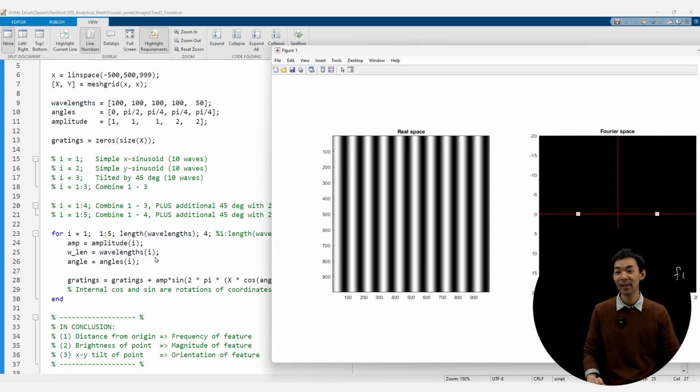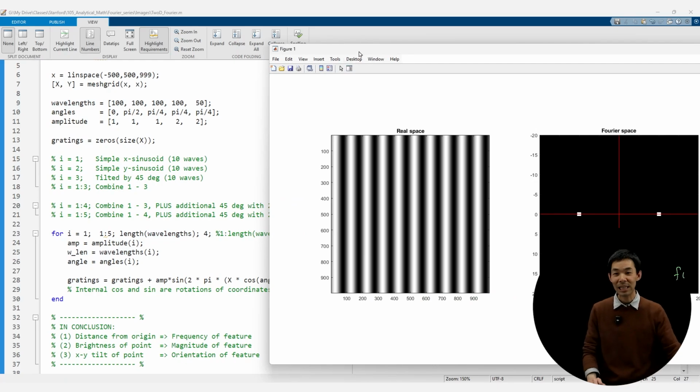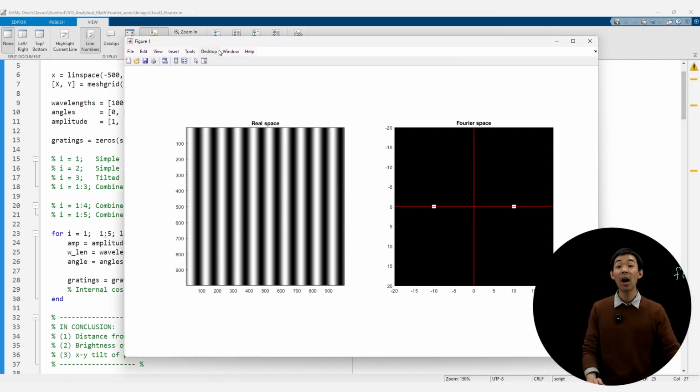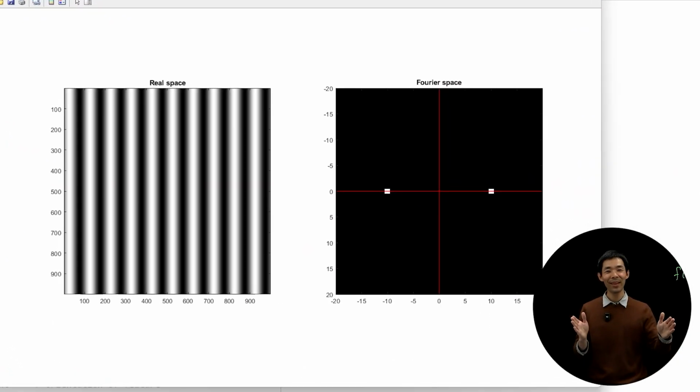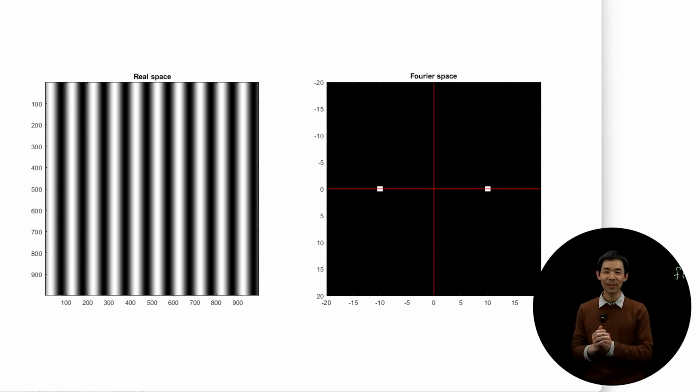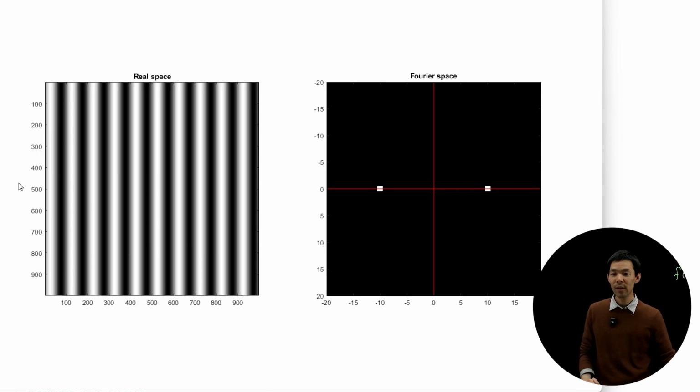So if I evaluate this script, what I've done here is to create a 1D wave over here on the left. This is the real space plot of a 1D wave that has valleys and peaks along the x direction. So here, the bright spots indicate regions of high amplitude, and the black regions show you regions of low amplitude.